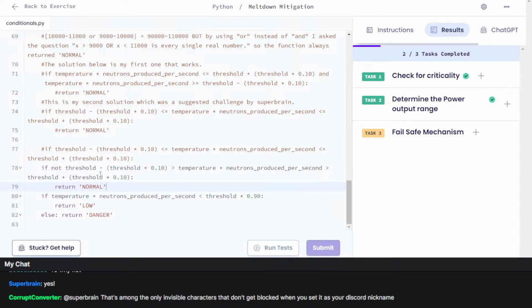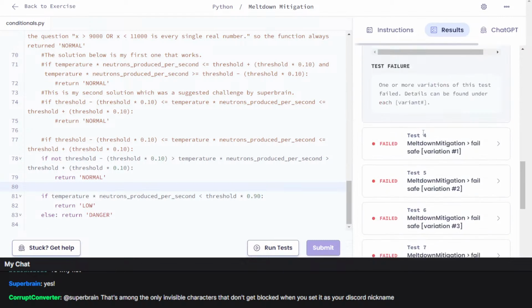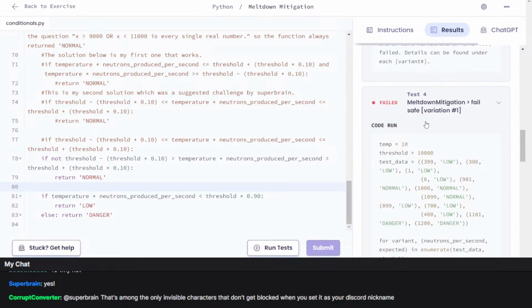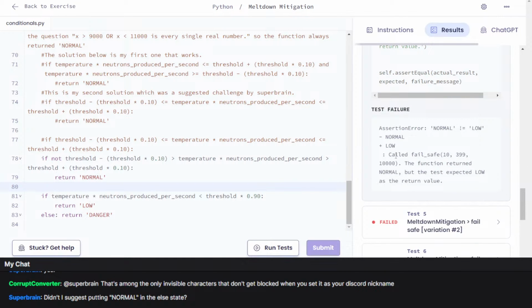Seriously, what did I do wrong here? What output did it actually give? The function returned normal, but the test expected low. Superbrain says didn't I suggest putting normal in the else statement? Oh, I don't remember that.